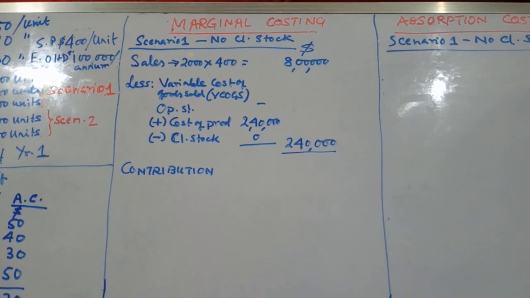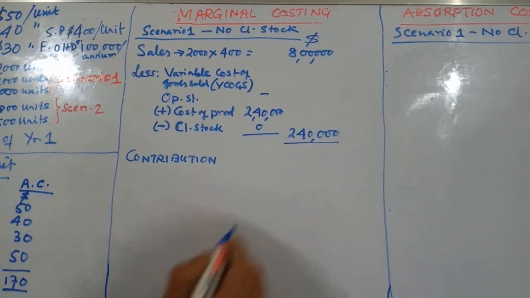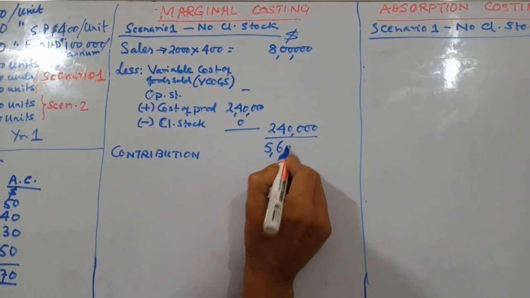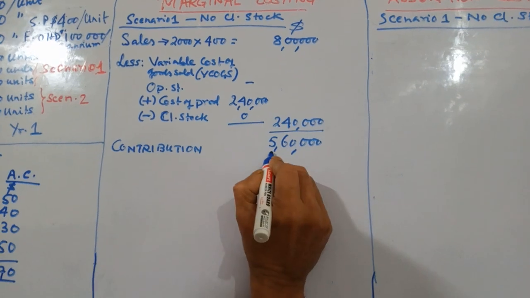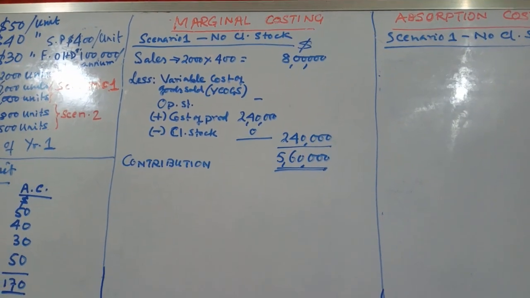So 800,000 minus 240,000 comes to 560,000. Okay.